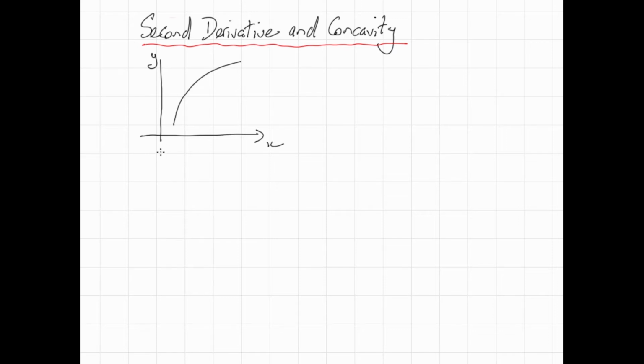We could actually do a plot of dy dx. So at corresponding x values, we can do a graphical representation of what's happening to the gradient. Now, as you can see, the slope here, which is dy dx, at that corresponding point down here, the gradient is quite large.